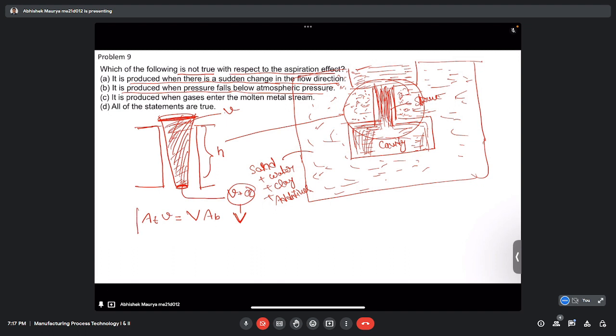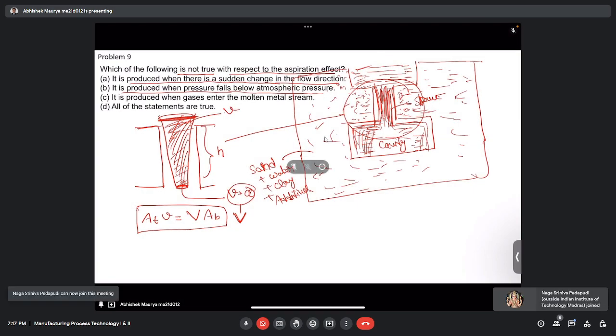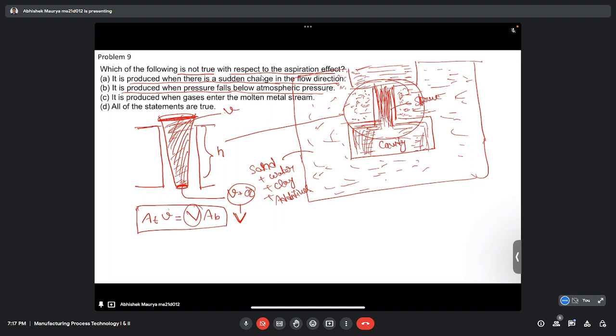This equation will always hold. Since the velocity at the bottom is greater than the velocity at the top, the area of flow at the bottom will decrease, and because of this decrease in area, there is a gap.